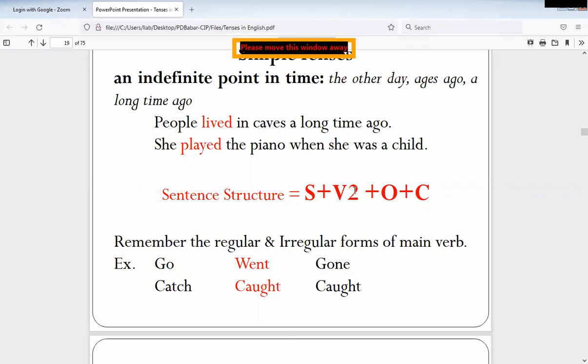Why are we calling it irregular? Because it does not remain the same in the past and it also changes when we come to the third form, or PP form. So go, went, gone: this irregularity we can see in this verb. That's why it is called an irregular verb.